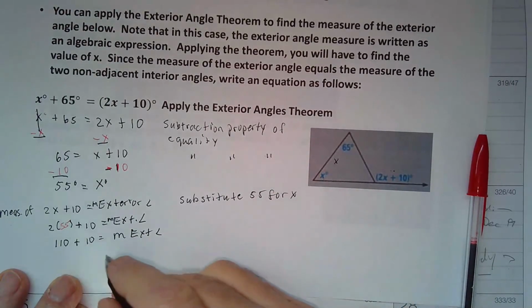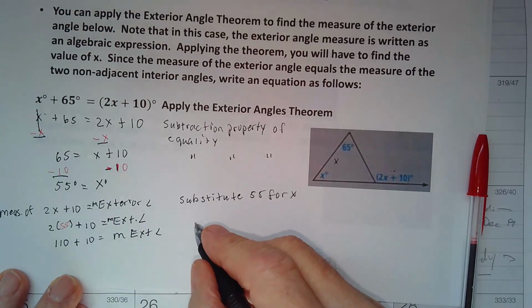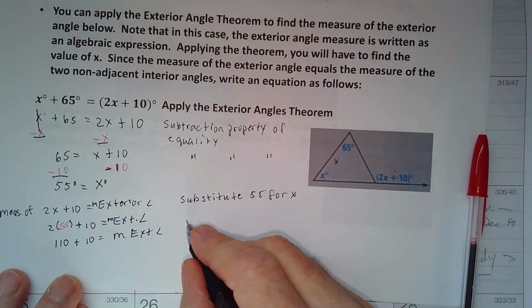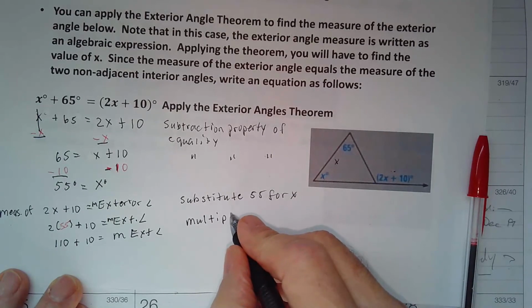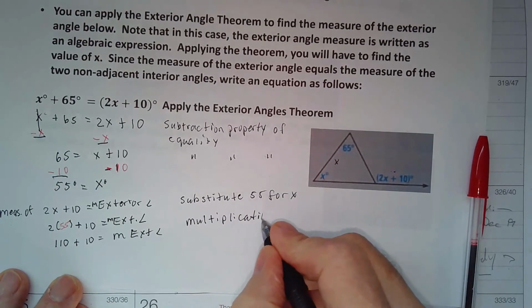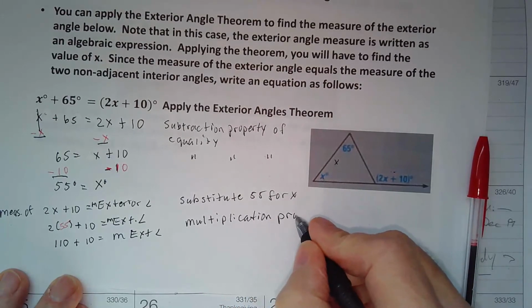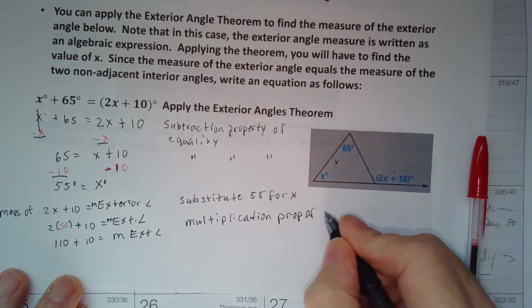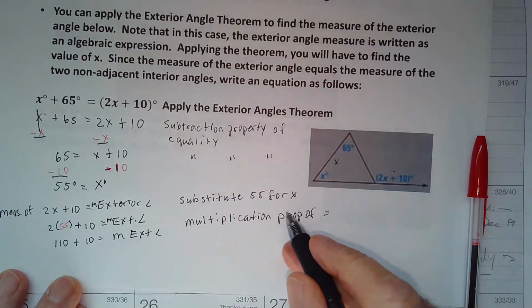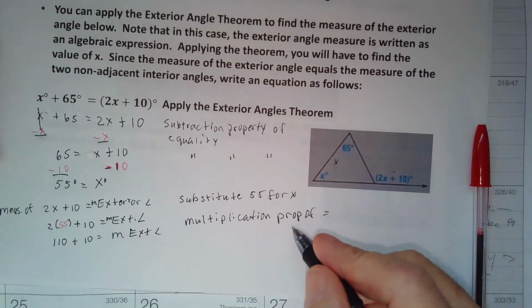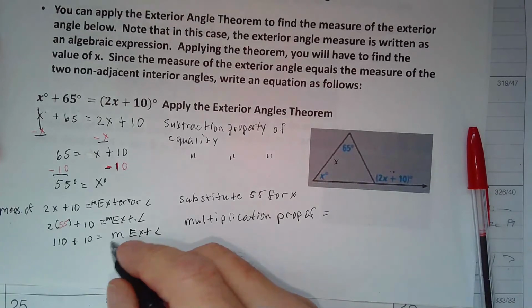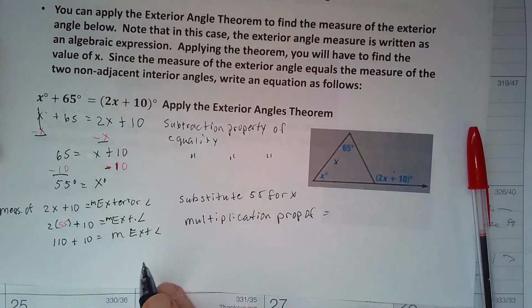So this is what we do here. We multiplied or distributed. We'll say multiplied because it's simpler. So that's the multiplication property of equality. These were all properties of equality: subtraction property of equality, substitution property of equality, multiplication property of equality. All right, and so then the last thing we're going to do is add.